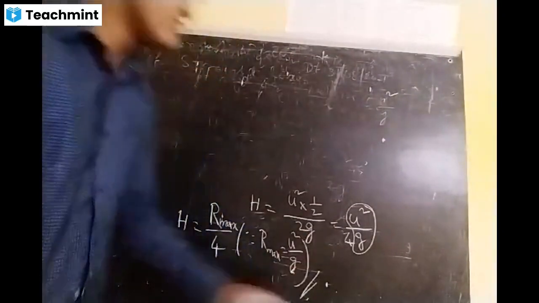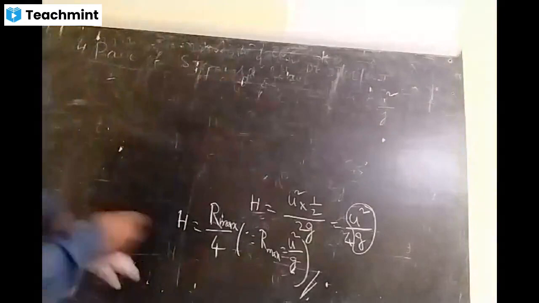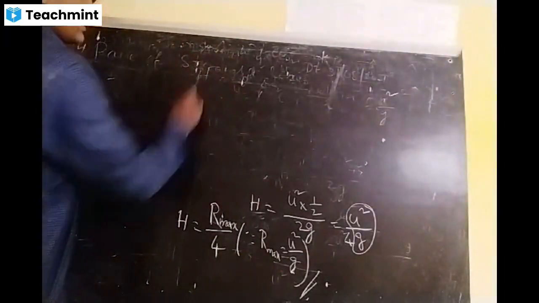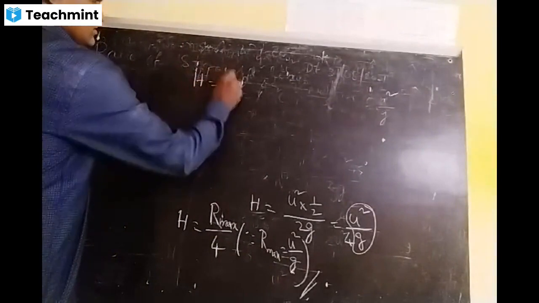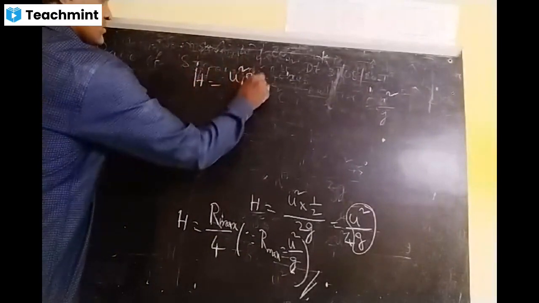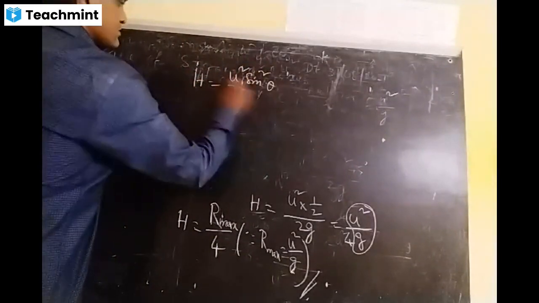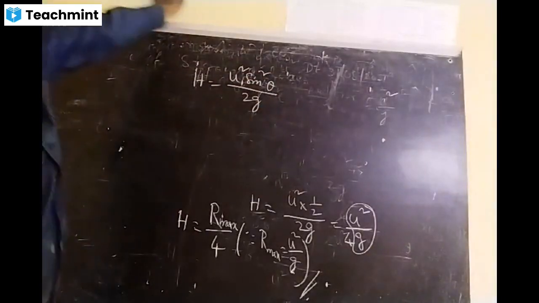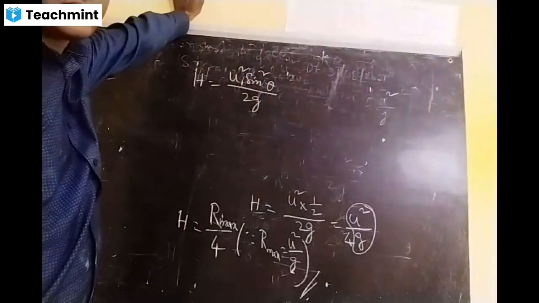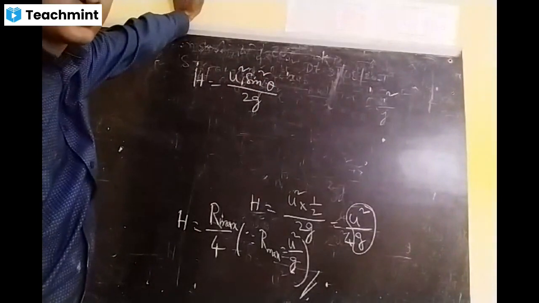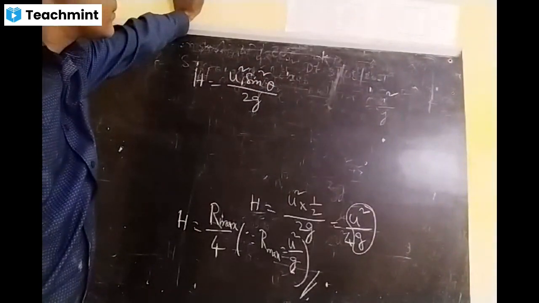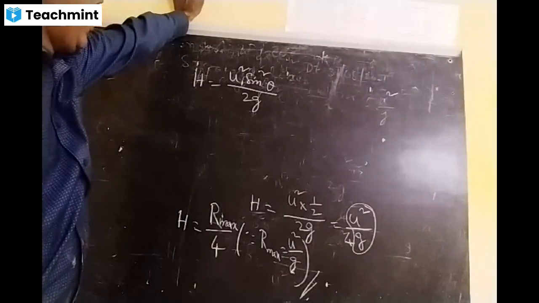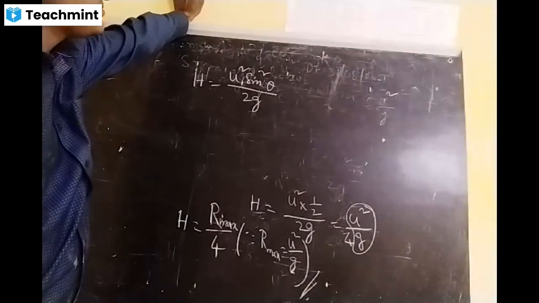Now, what is the formula for H? U square sin square theta by 2g.